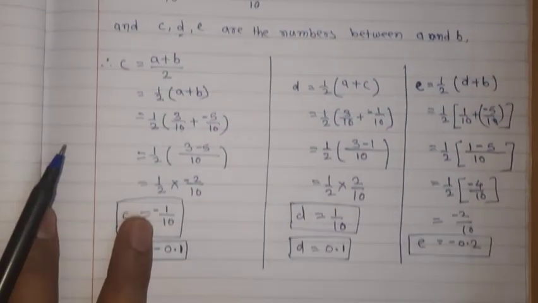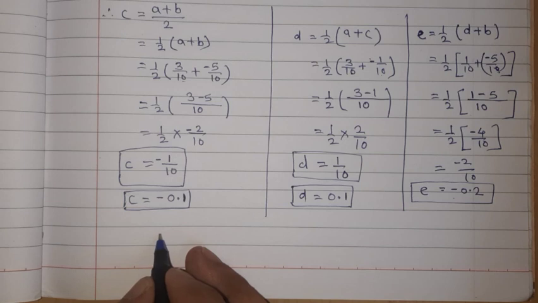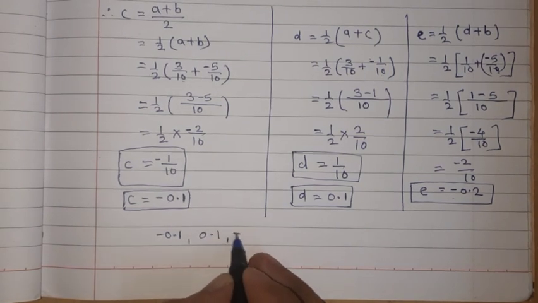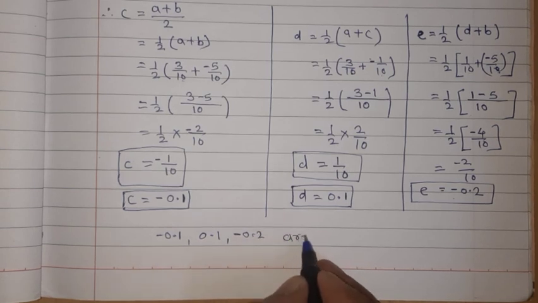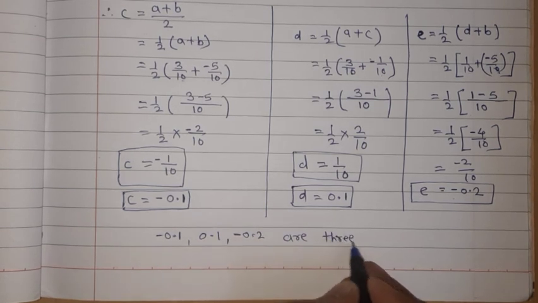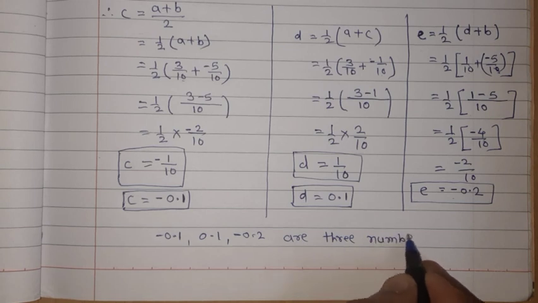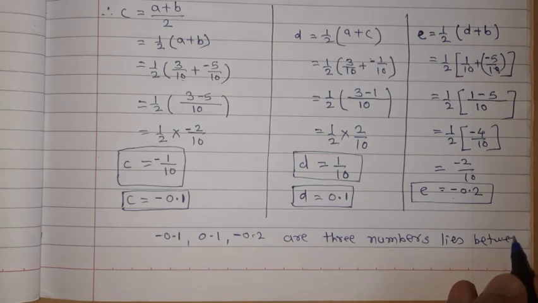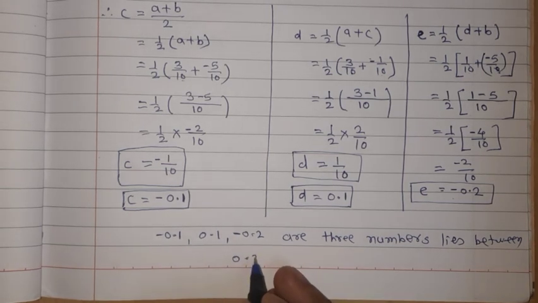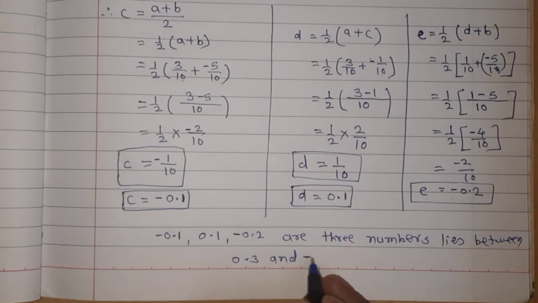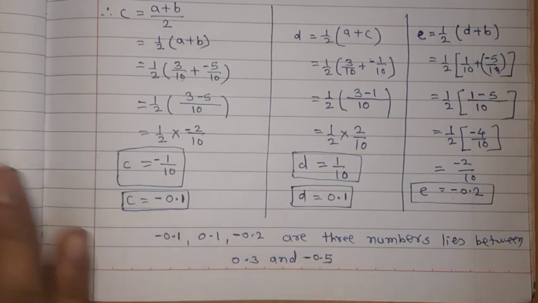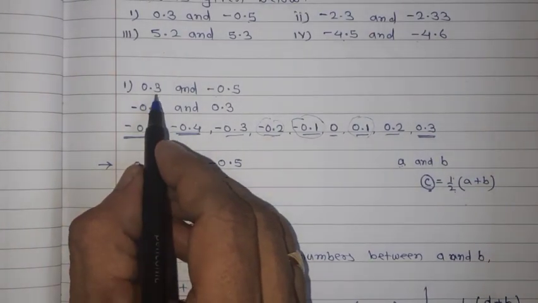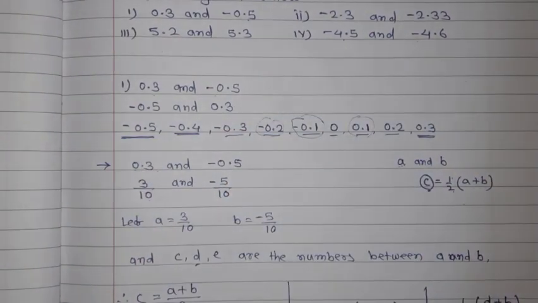Therefore, we can write minus 0.1, 0.1 and minus 0.2 are 3 numbers that lie between 0.3 and minus 0.5.